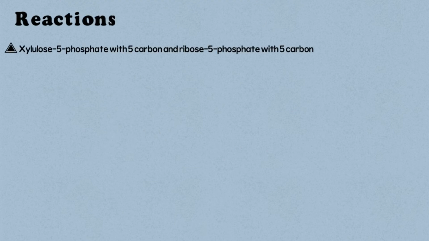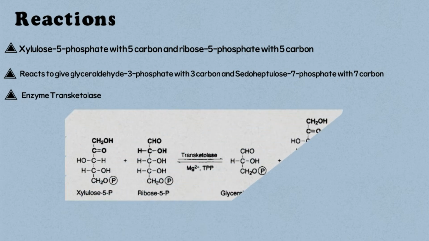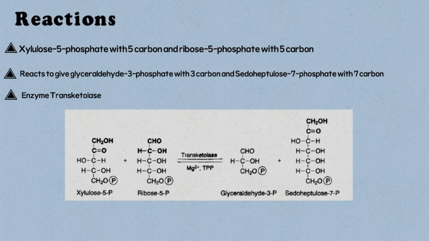In the reaction, xylulose 5-phosphate with 5 carbons and ribose 5-phosphate with 5 carbons react to give glyceraldehyde 3-phosphate with 3 carbons and sedoheptulose 7-phosphate with 7 carbons, as a result of the enzyme transketolase.